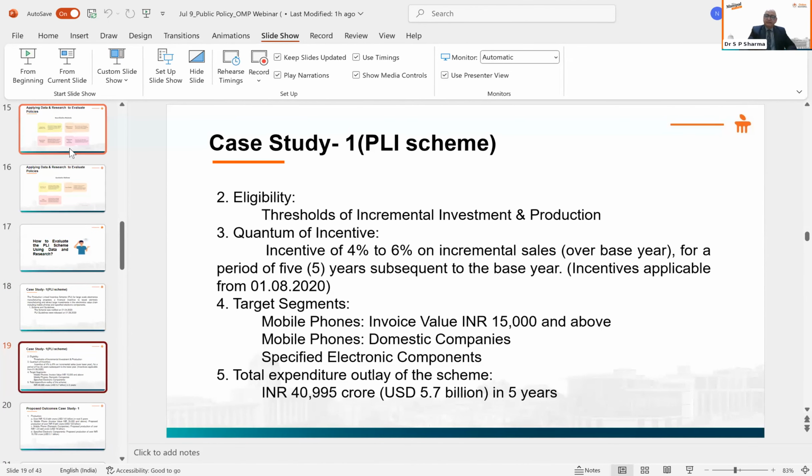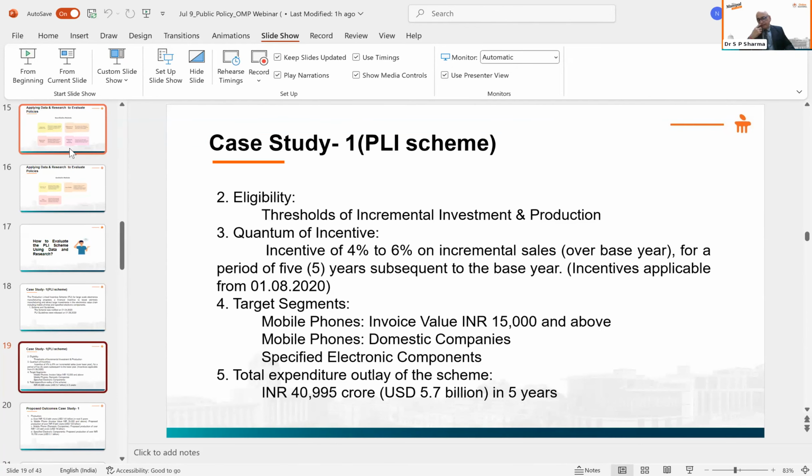The objective of the scheme was to provide a relief incentive on the increased production levels. Like 4 to 6% was the relief provided on the incremental sales. Like if they are increasing their sales from a base year, year after year, then they will be getting the incentives from 4 to 6% on their production levels.